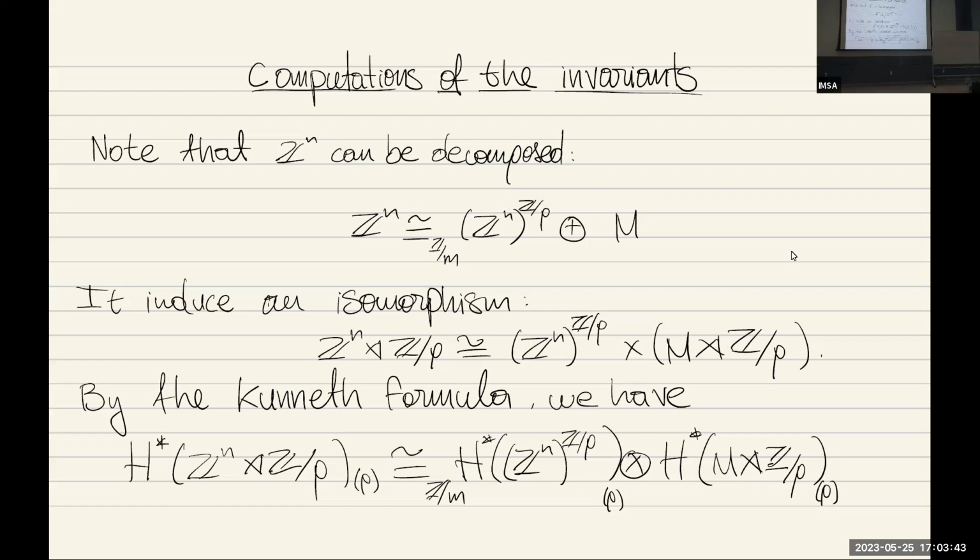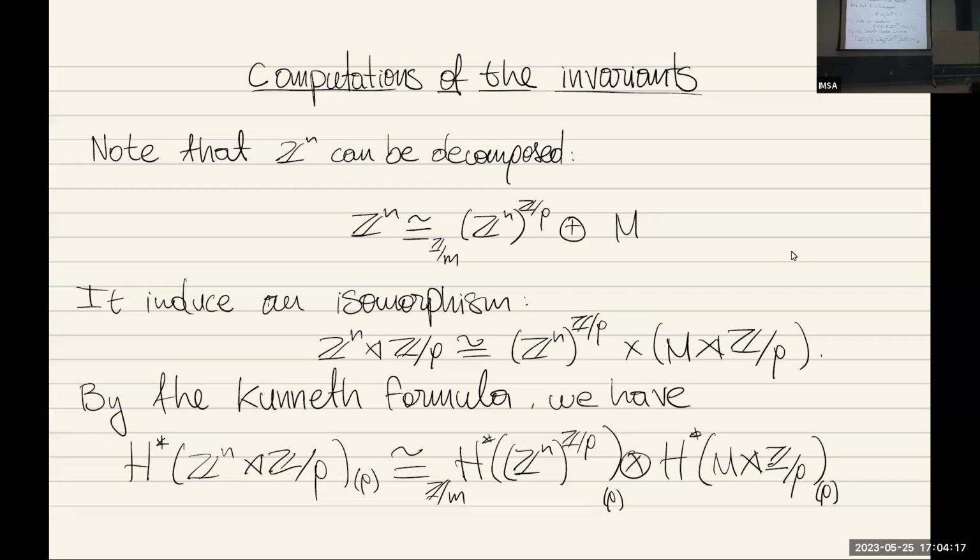And then you can apply the Künneth formula, and because this part has free cohomology, the Künneth formula really gives an isomorphism between graded groups. Then the cohomology of this group with these coefficients is isomorphic to the cohomology of the invariant part tensor with the cohomology of this semidirect product.